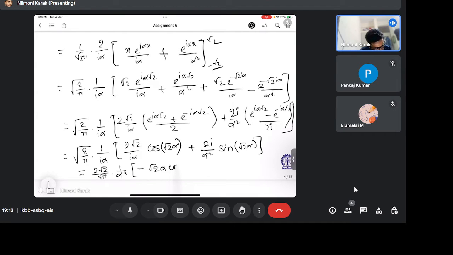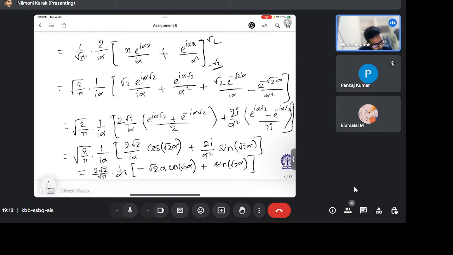Then cos root 2 alpha, and here also plus, only sine, because alpha cube and alpha cube. Alpha was already outside, so alpha and alpha cube. So basically this is sine root 2 alpha. Is it okay now? Yes, correct.